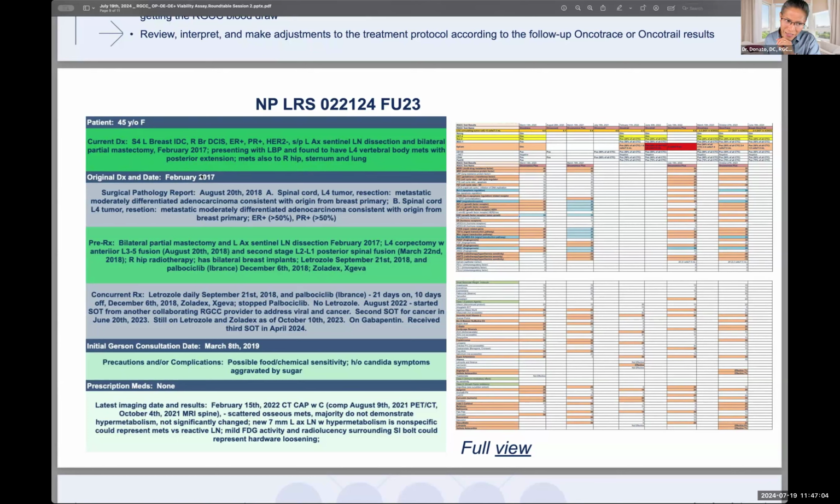That was the original date of the diagnosis, and the surgical report is right here. And again, this is advanced. So this person came to me and wanted to see if there's any natural approach to this. She was at the time on letrozole daily, and also was getting palbociclib.